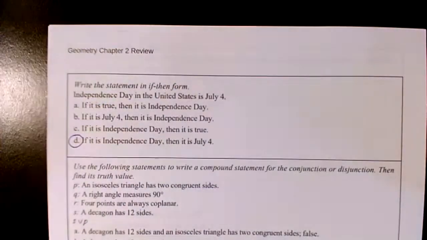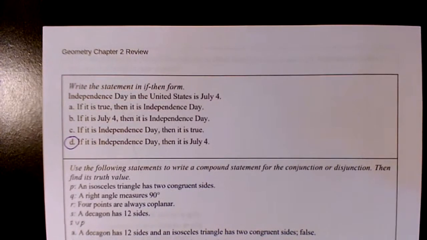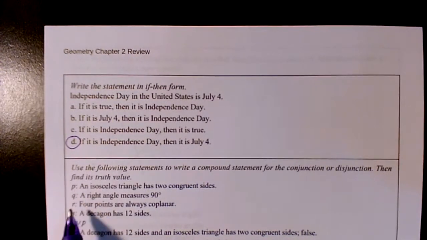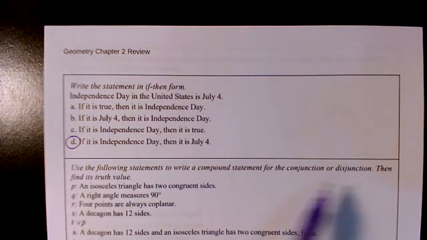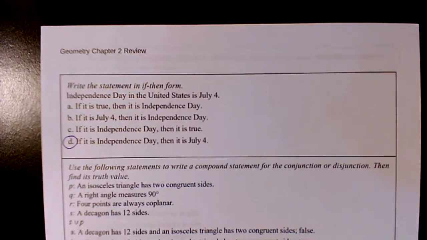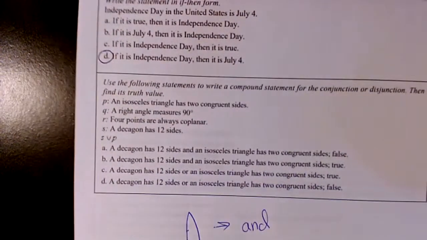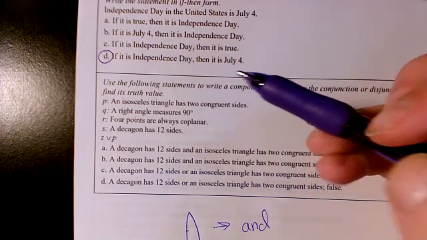Use the following statements to write a compound statement for the conjunction or disjunction. So we're given P, Q, R, S. It gives us all of these because I got this from a problem where it asks you several of these problems, and it gives you all of these options to choose from. Well, I want S or P. What's S?